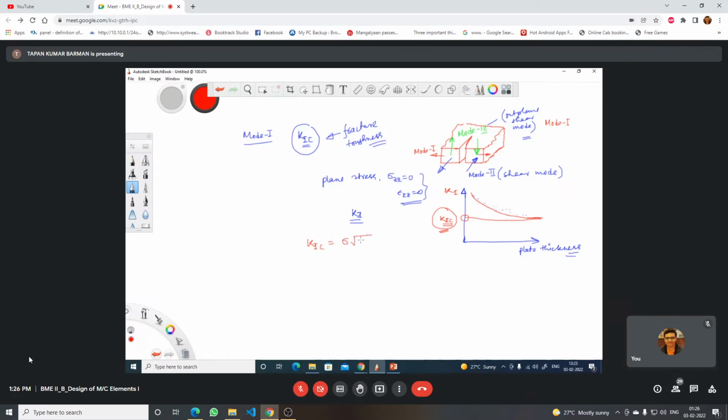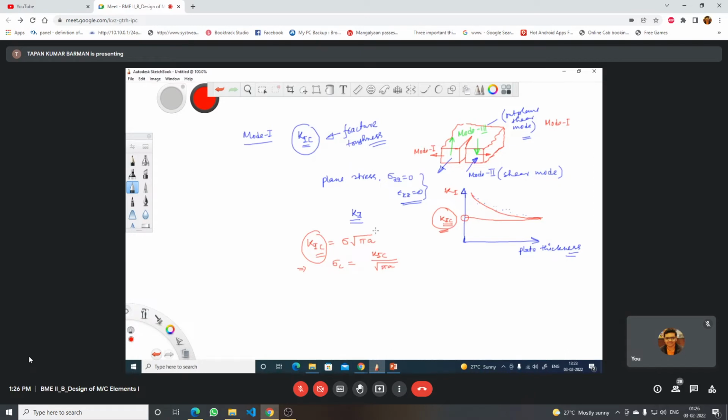K1C value is basically sigma root pi a. If the K1C value is known to you, and I try to design a component based on this, we may calculate the critical value of stress we may apply in the material so as not to open the crack, restricting the opening of the crack.